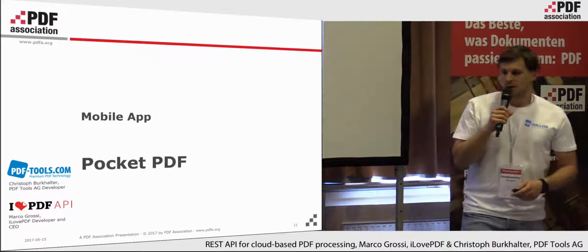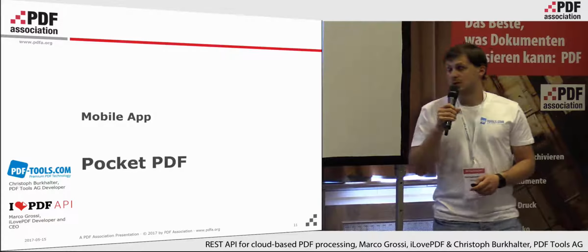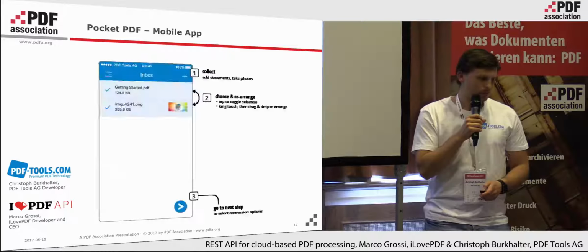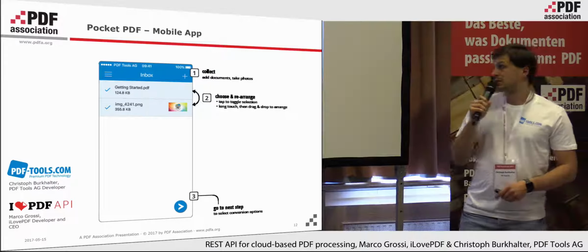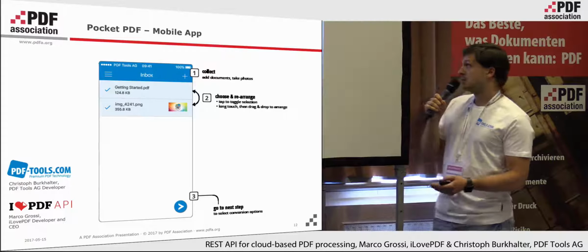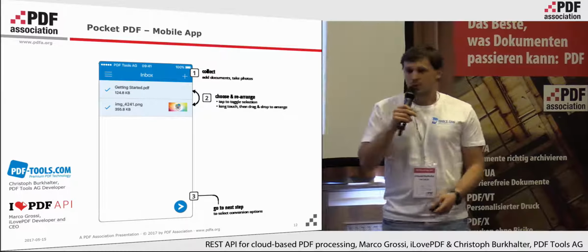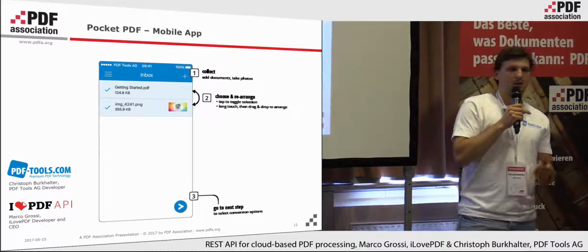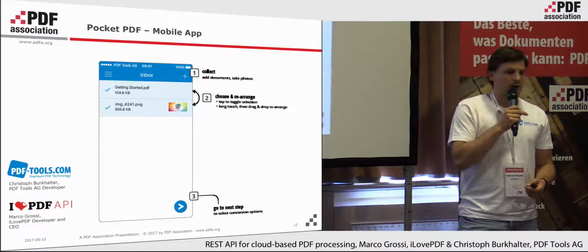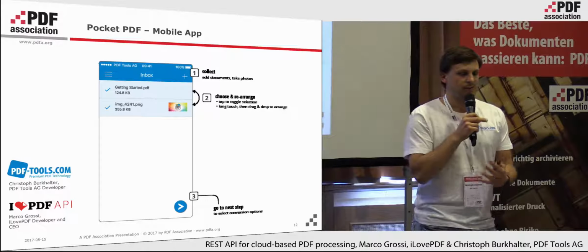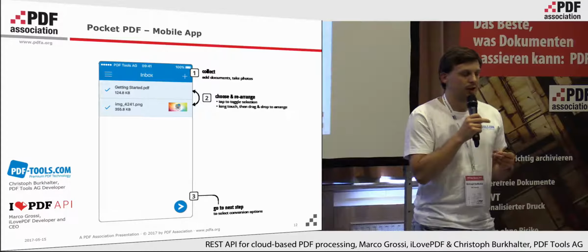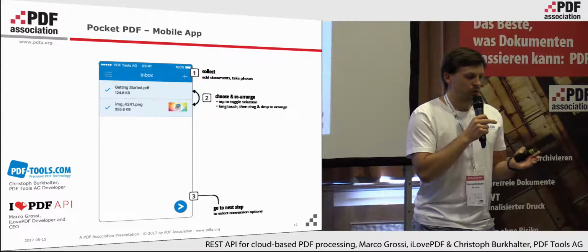So now we have an example for such a mobile application. We developed a simple app that runs on iOS and Android, where you can just add your files. It can be many different formats. And for such an example, I think it's very important that you use the technologies that are used on this platform.